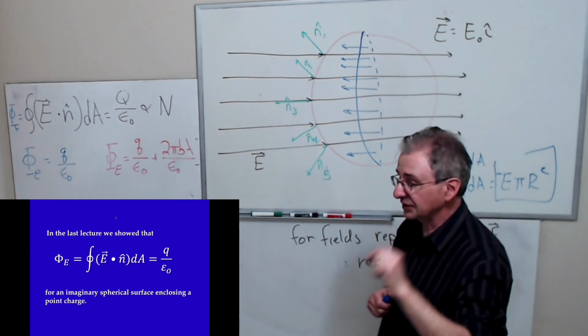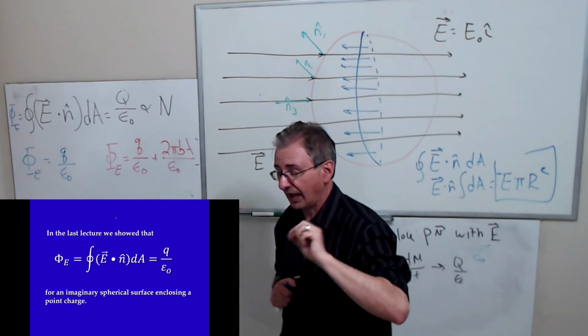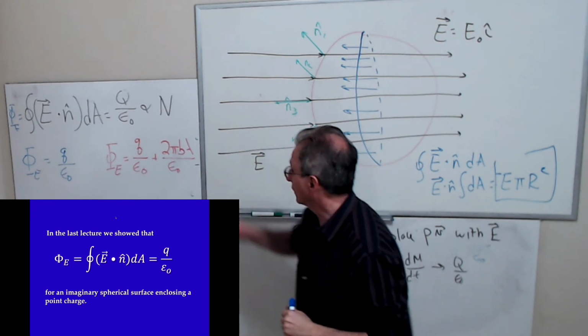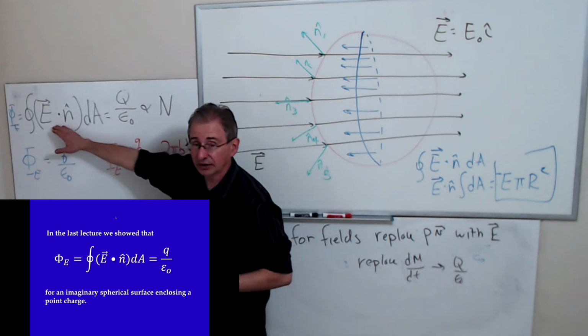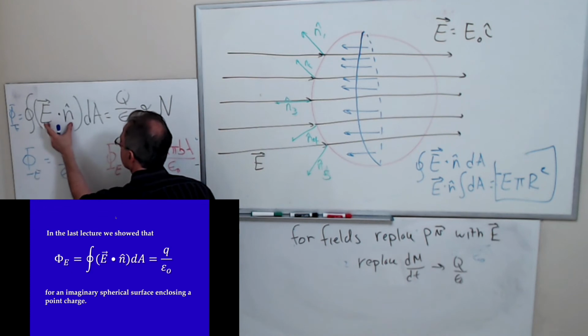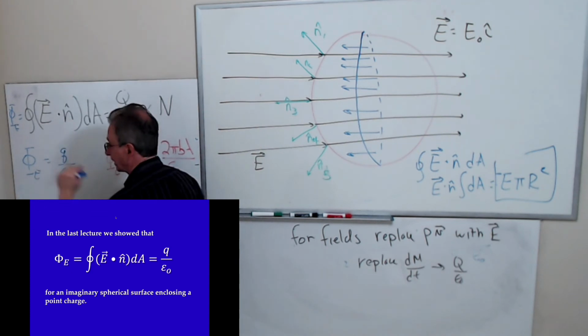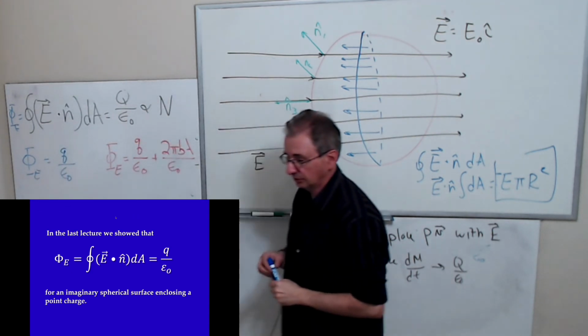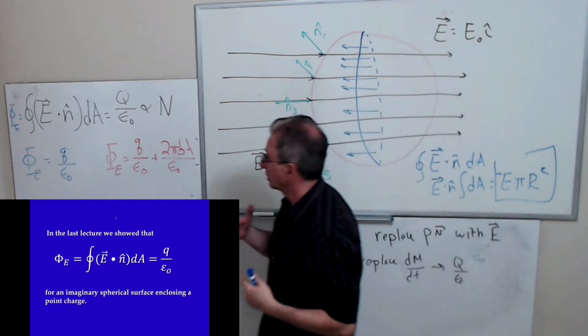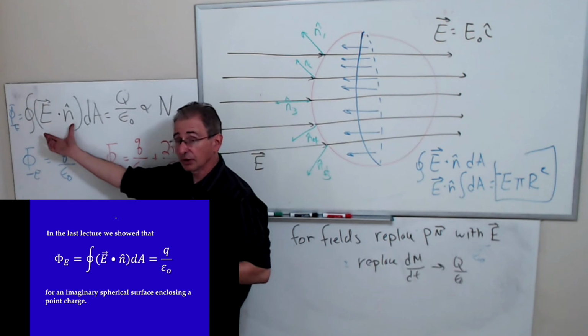If we have systems where we have symmetry, we can use this equation to actually calculate the electric field. If we have systems where I can pull out this from the integration, I can solve for the electric field. And that's what we're going to use this for. For this course, we're going to use this form. This can be written a different way.